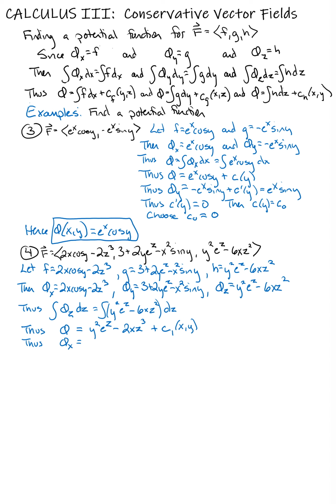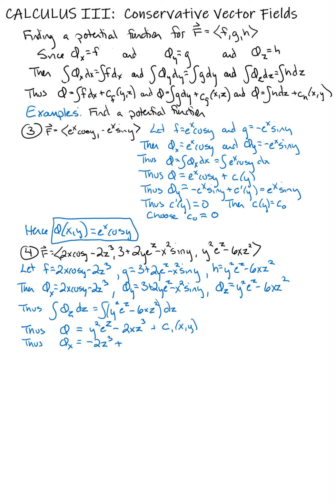Second term, with respect to x, I just get negative 2z cubed plus, taking the derivative of this with respect to x, I get, actually, you know what, I'm going to back up. I've realized that that's maybe not a good choice here. Let me just call that, oh, what do I want to call that? Oh, well, we'll just go with that C1.